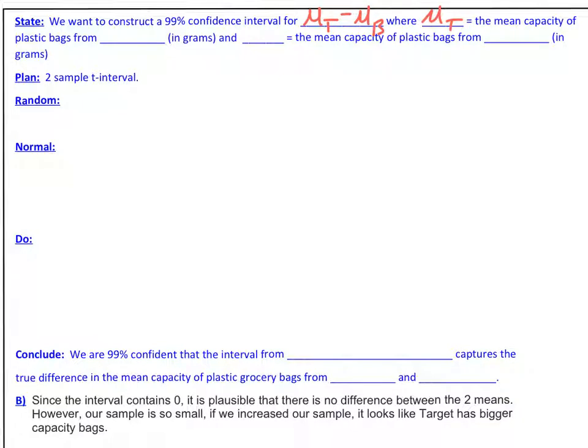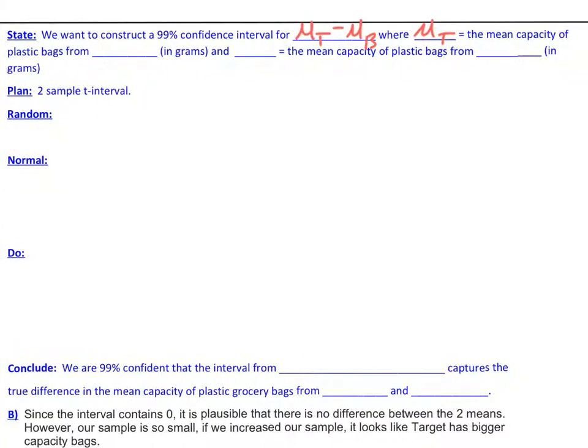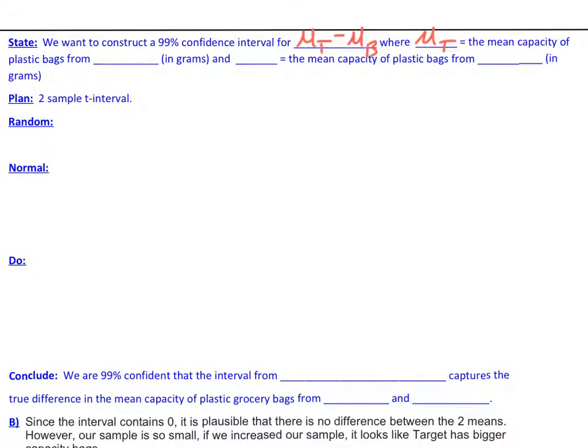Mu sub t is the mean capacity of the plastic bags in grams from Target, and mu sub b is the mean capacity of plastic bags from Bosch's. We're doing a 2-sample t interval.